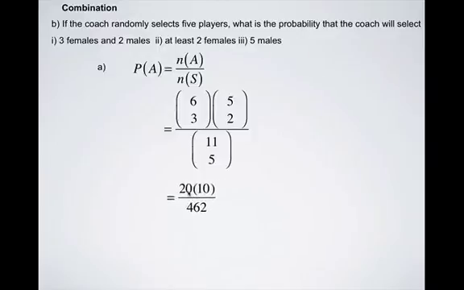And so this comes out to be 20 times 10 over 462, which is approximately 43.3%, or 0.433.